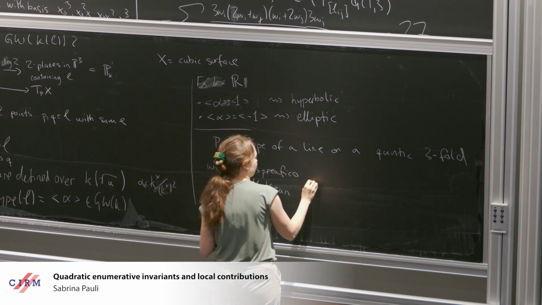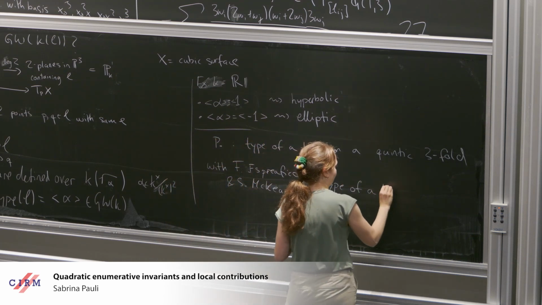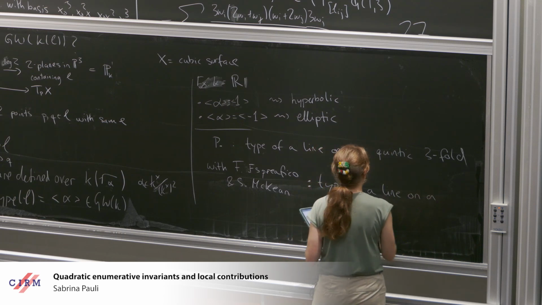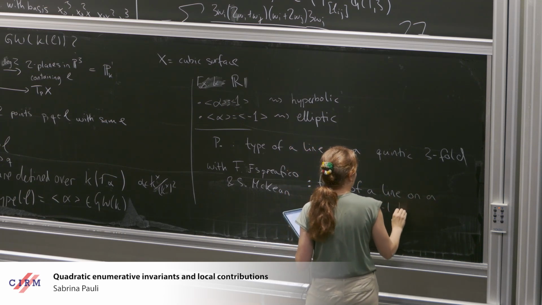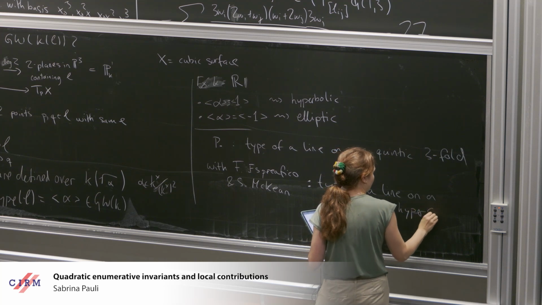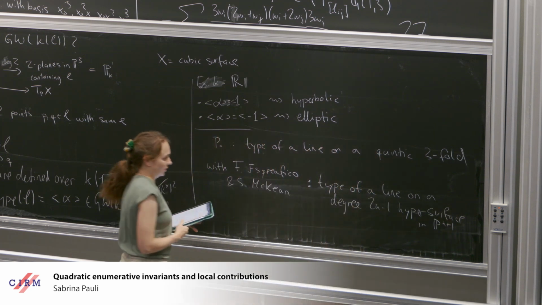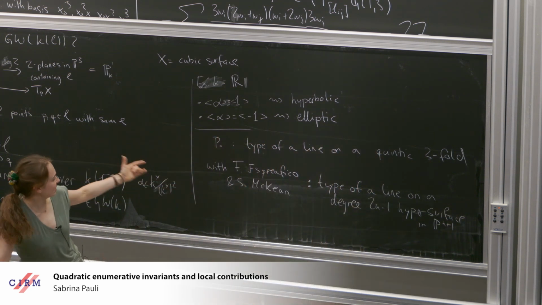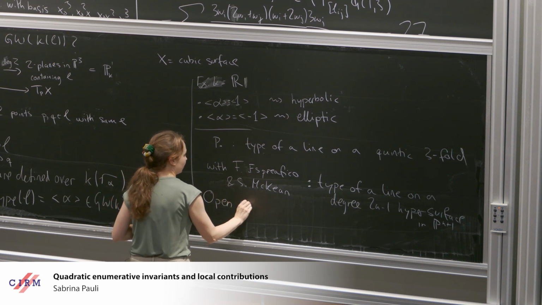We also do the type of a line on a degree 2n minus 1 hypersurface in P^(n+1). So there you can have a generalization of this description, but there are still a lot of open questions.